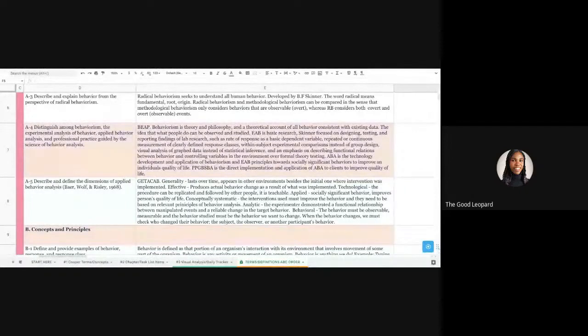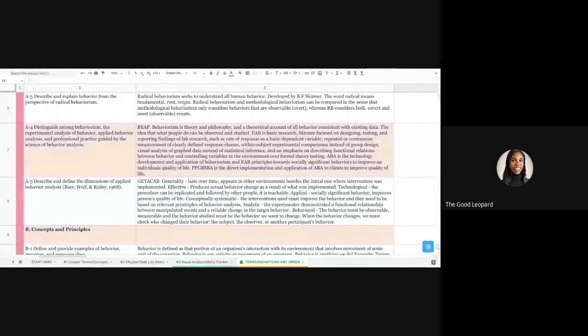Now we move on to the A in BEAP. We did the B and E. Now for the A. The A is ABA, which is what we're doing. It is the technology, development, and application of behaviorism and EAB principles towards socially significant behaviors to improve an individual's quality of life.